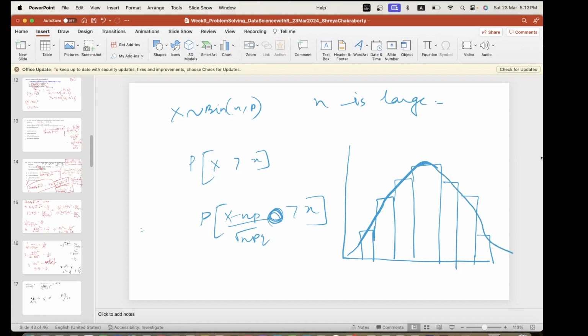That would be the normal approximation. Whenever I am approximating something like this with this, usually we fit it through the midpoints of these bars. So in order to adjust for that, we use that 0.5 adjusting factor.